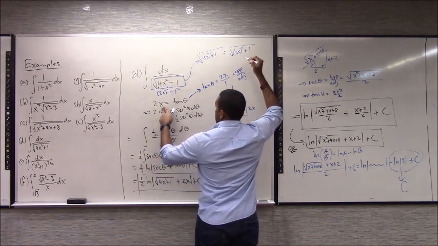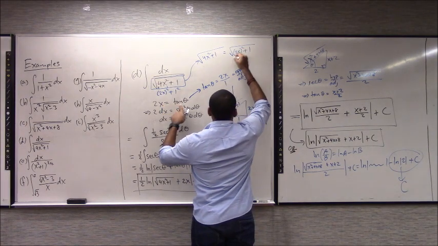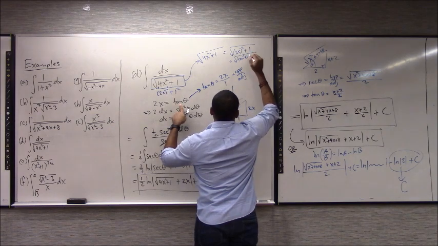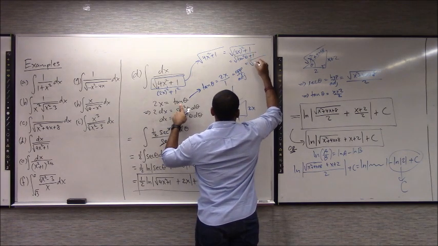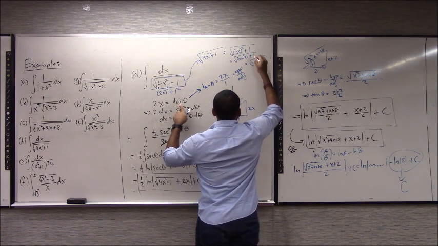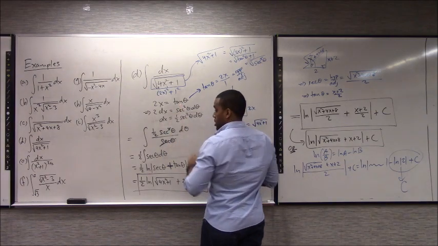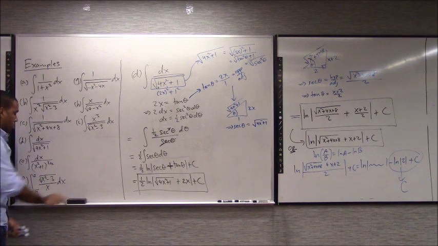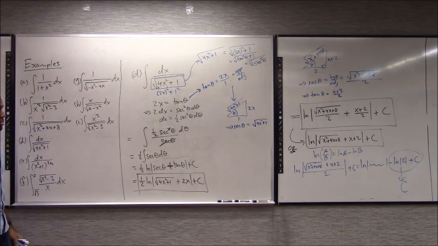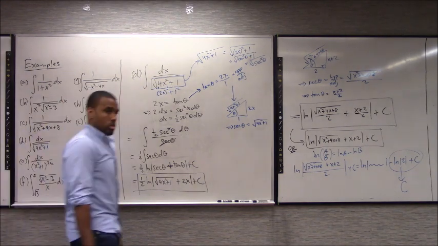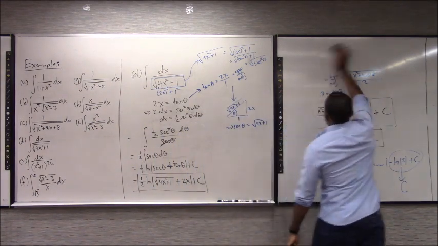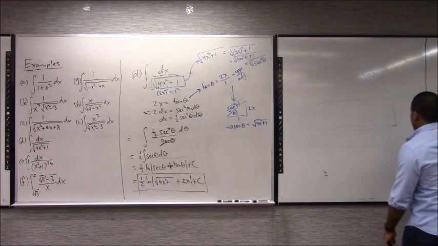I made the substitution 2x is equal to tangent, so this 2x squared is just tangent squared plus 1. Tangent squared plus 1 is secant squared. Secant squared, this cancels that to give me the secant. It's that one. Let's keep going.